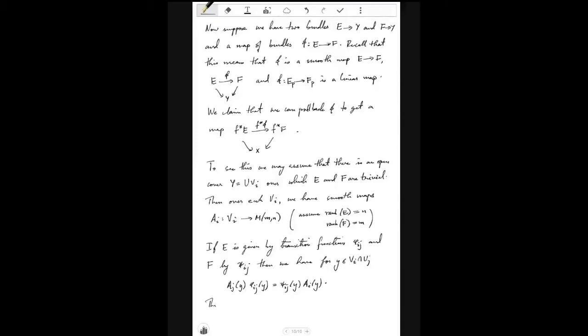So the bundles f upper star E and f upper star F are trivial on U_i equal to f inverse V_i and are glued using the transition functions phi_ij composed f and psi_ij composed f.